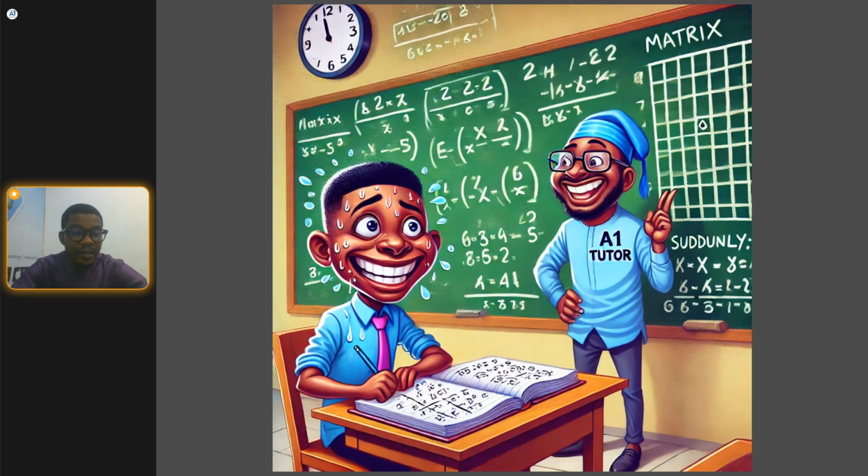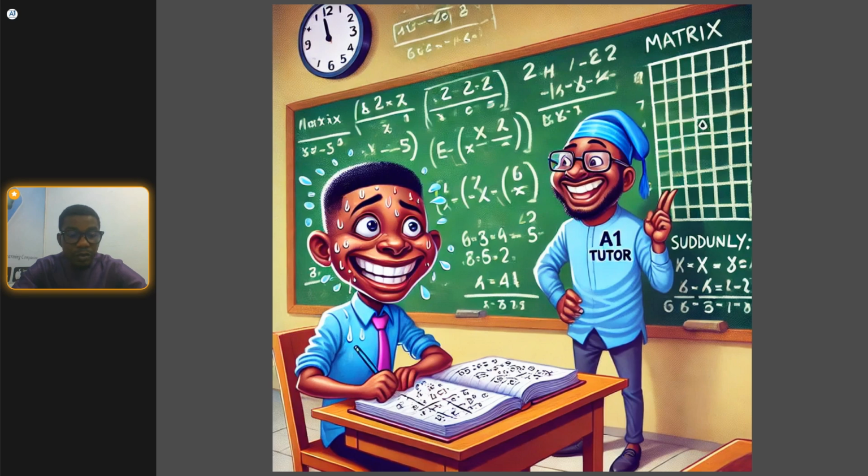In our previous class, we started a new topic, which is matrices and determinants. In the previous class, we were able to define what a matrix is.